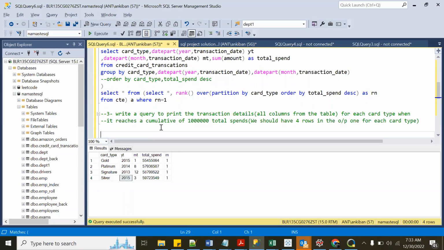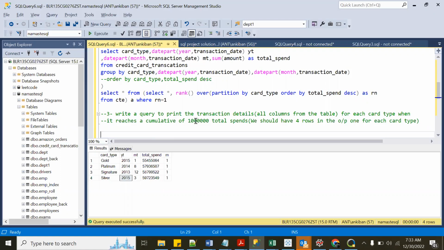Then again I selected all the columns and did a dense rank over partition by card type and order by sum of amount descending. Then again selected all the columns from that CTE where dense rank equals 1.